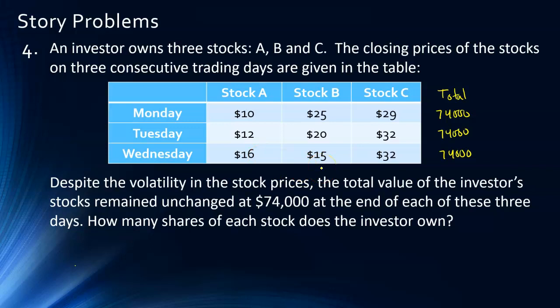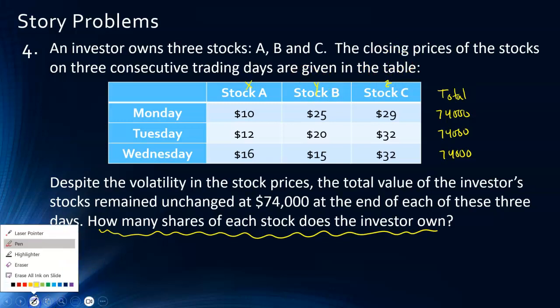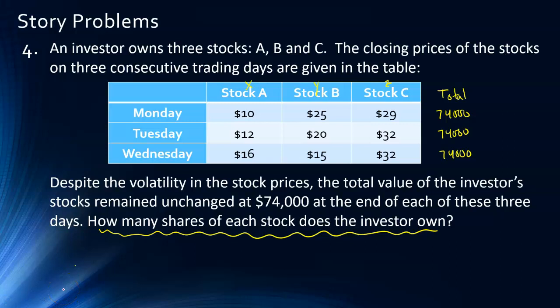So you want to make sure that your table is in the proper order, because it's not always set up that way. The question is saying, how many shares of each stock does the investor own? So we're trying to solve for stock A, stock B, and stock C, which would be my X, Y, and Z if we were to keep those variables, if we wanted to use different variables other than A, B, and C.